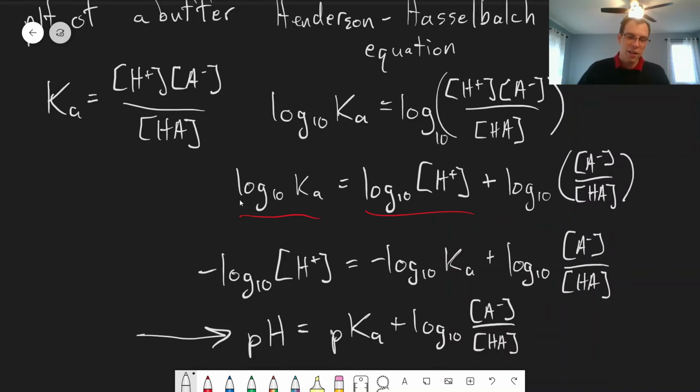But the key here is if we know the concentration of our conjugate acid and our conjugate base, we can plug this directly into this expression here.